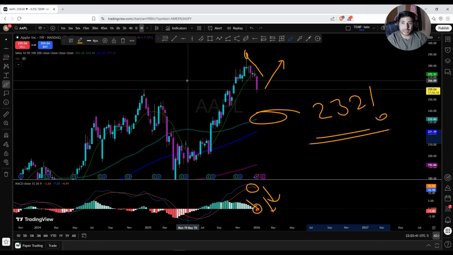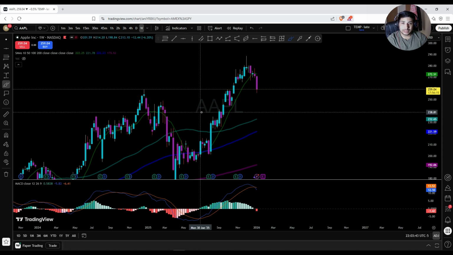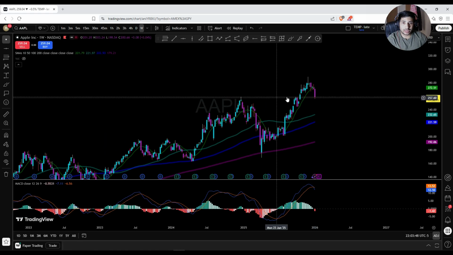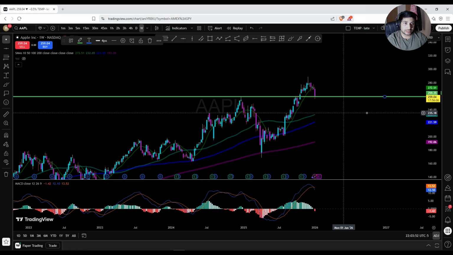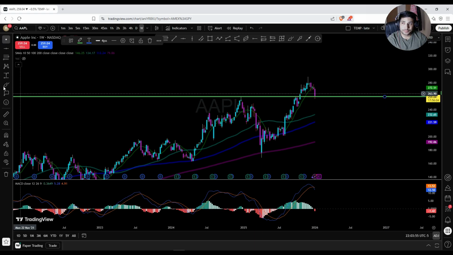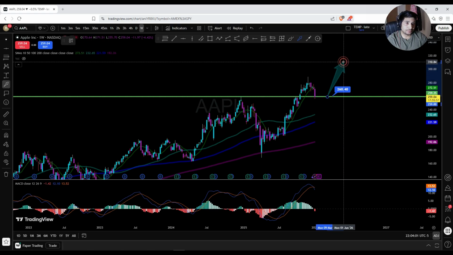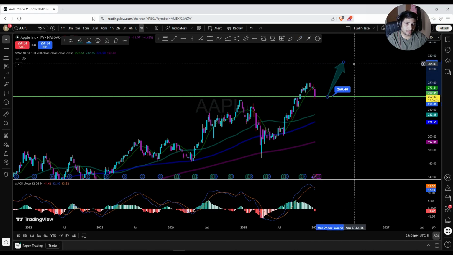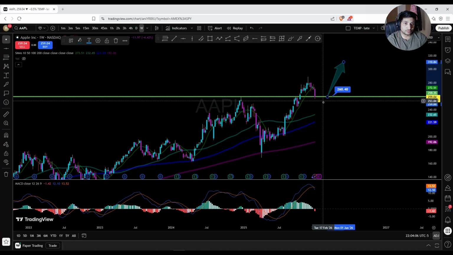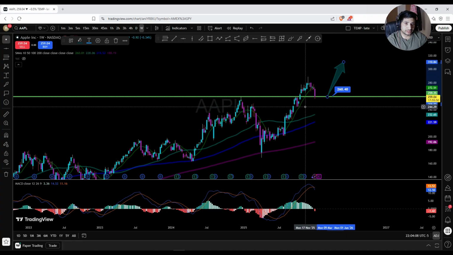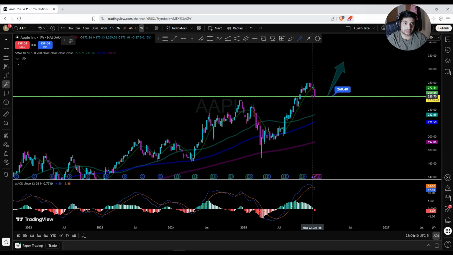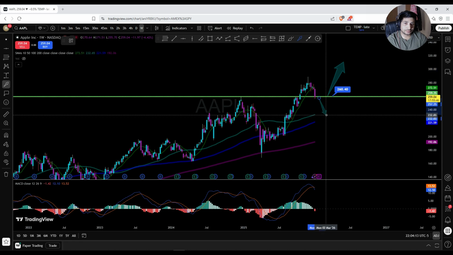So with that, I think we're now kind of clear on Apple, where to buy and where to take your position. Just to summarize, I would say take care of this 260 range. So I'm just going to mark here 260. If it bounces from here, you can take a position. It may get another couple of percentage points, but if it breaks down below this support point of the 260 range, then we're going to see the 232 range.